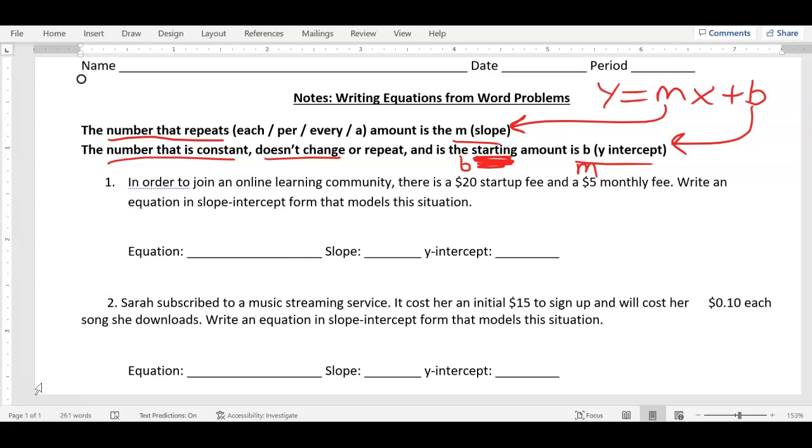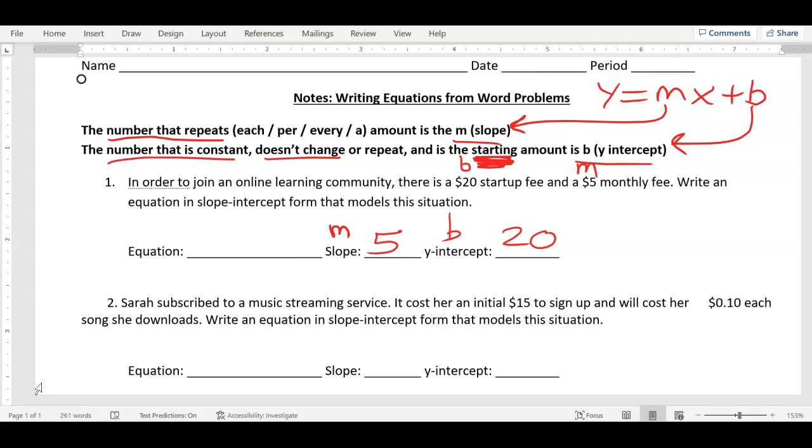Okay, that's good. Now I can fill in some stuff. So first, to start in the middle here, what is my slope? What number goes in there for slope? 5, okay? No big deal. And then for y-intercept, my B, what goes there? 20. So if you know M and you know B, can't you write y equals mx plus b?